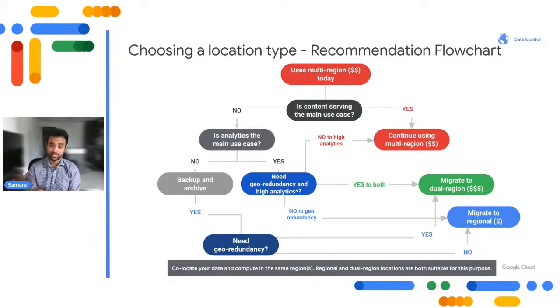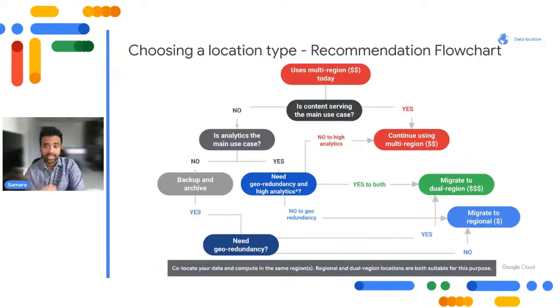If you need geo-redundancy, then go to dual region. But remember, dual region also costs more compared to the other location types. And if you do not need geo-redundancy at the regional level, then you choose the regional location type for your data.